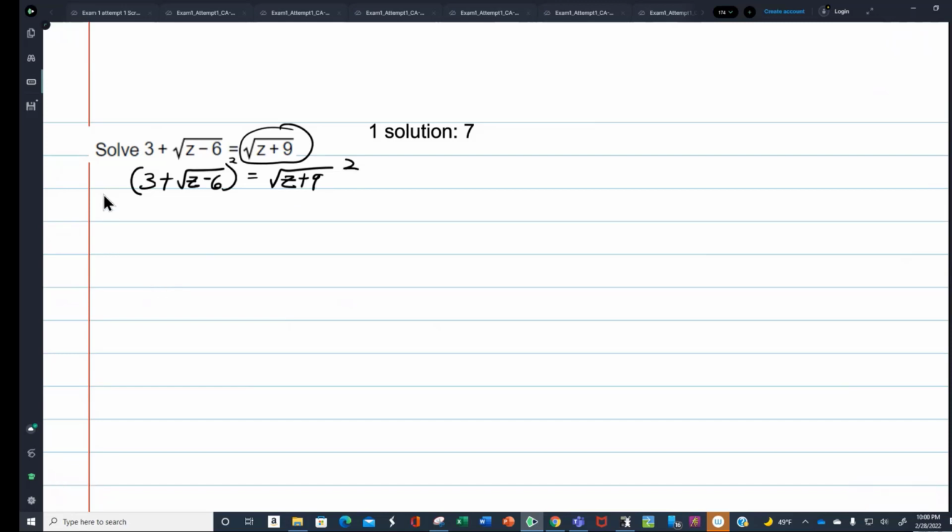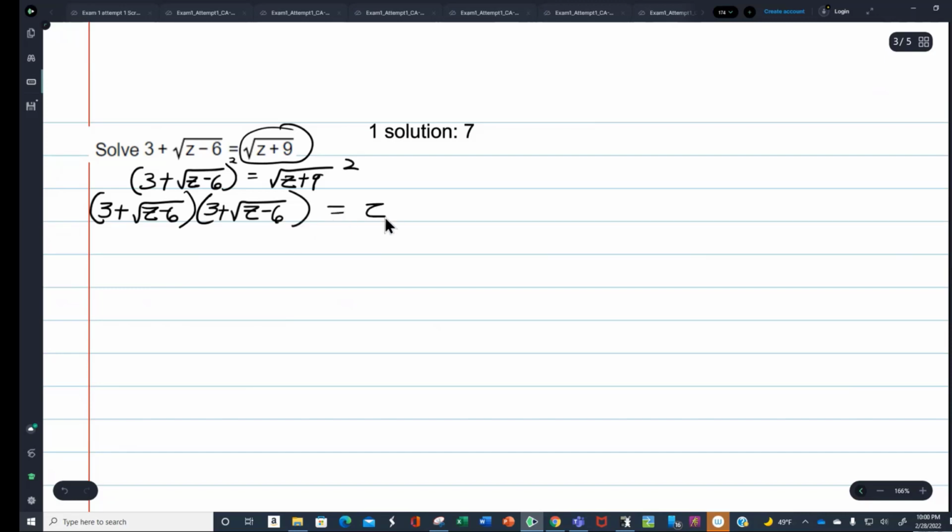So I will have 3 plus the square root of z minus 6 times 3 plus the square root of z minus 6 equals z plus 9.